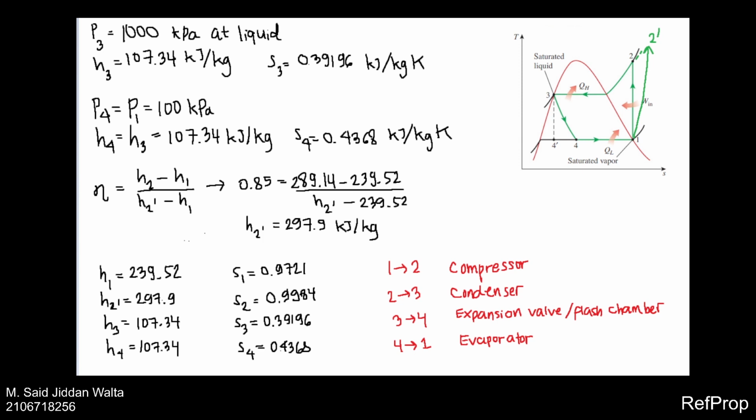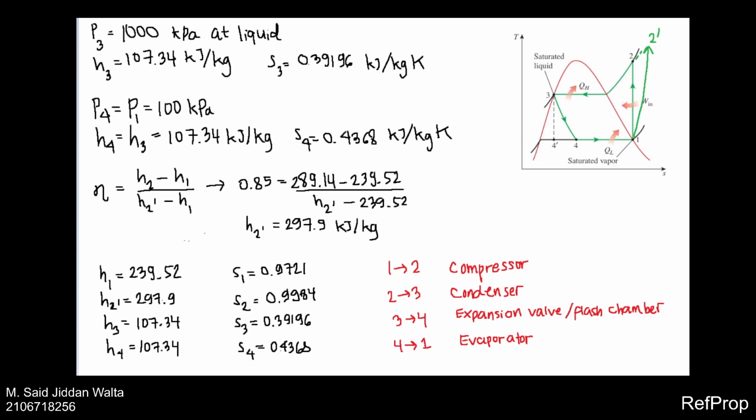And lastly, we need to find the actual values of the enthalpy and the entropy of point 2, not the isentropic value, where we can use the isentropic efficiency, which has the formula (H2A minus H1) over (H2S minus H1). We can use this to find that H2 actual is 291.7 kilojoules per kilogram.